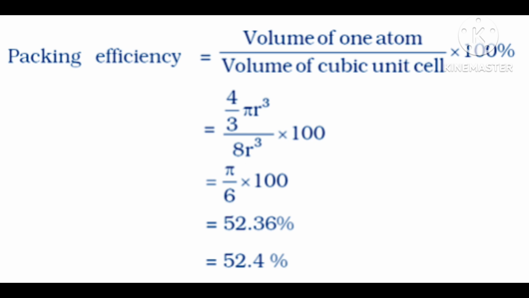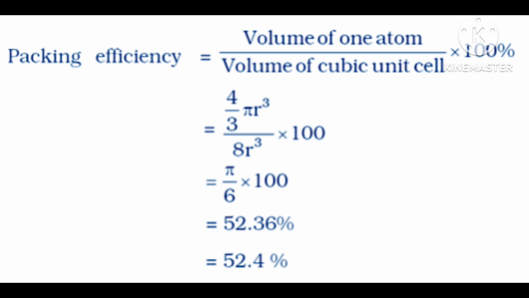52.4%. Then see, you have considered 3 cases. In case of HCP or CCP, it was 74%. In body centered, it was 68%. And now you got 52.4%. What conclusion will you draw from these 3 values?